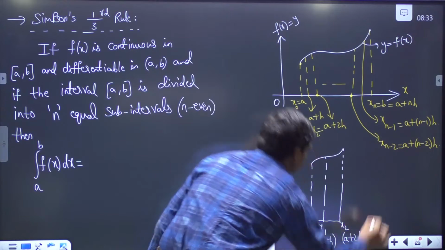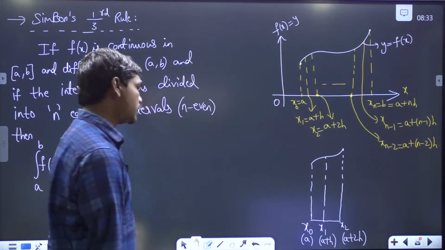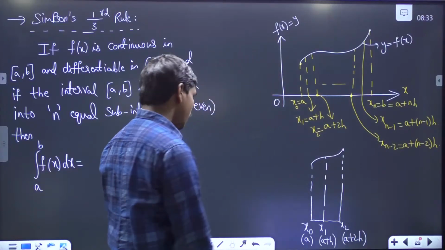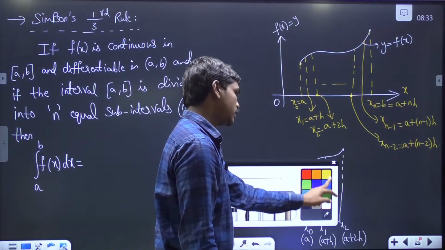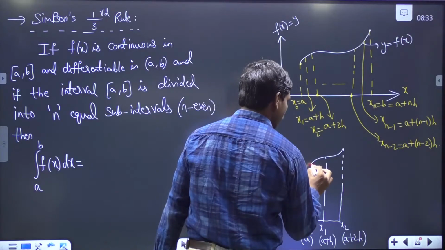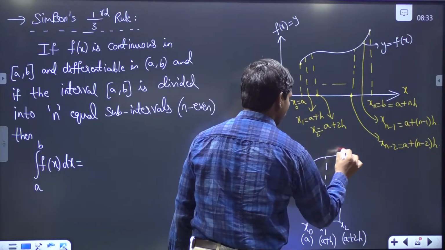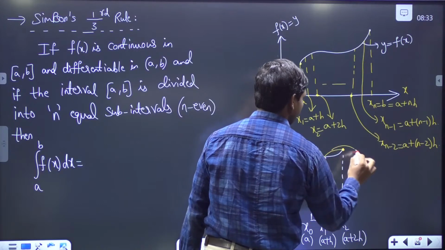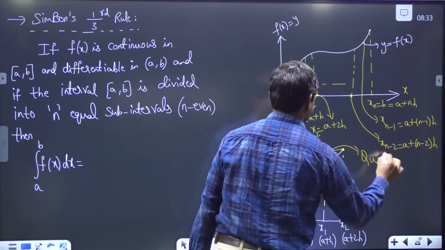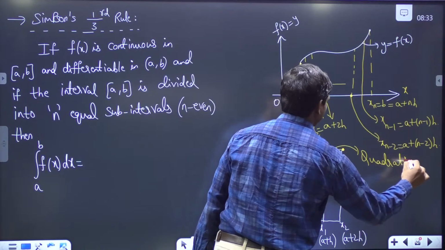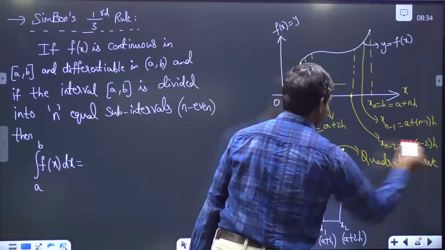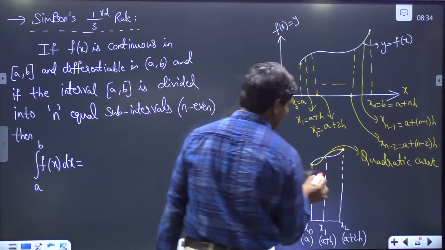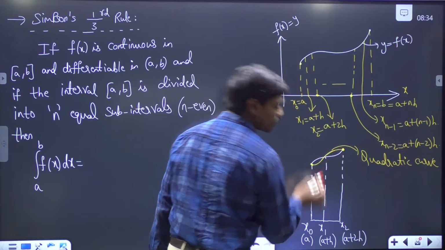In Simpson's one-third rule, we consider a pair of intervals at the same time and fit them with a quadratic curve. When h is very small, the area which we lost here will get compensated here.